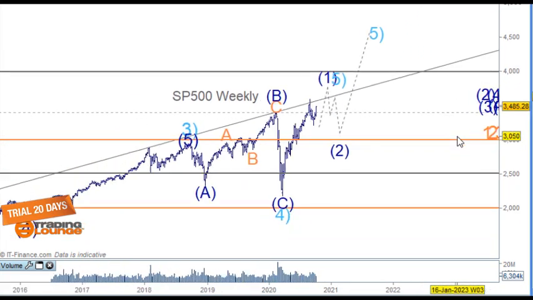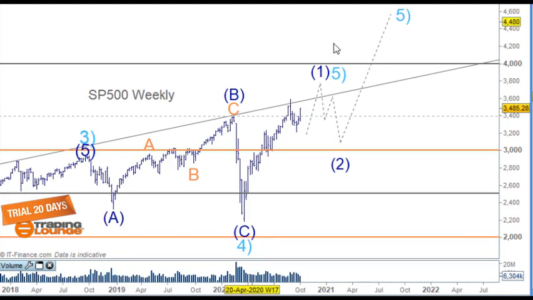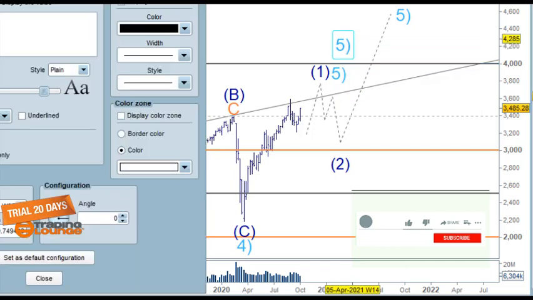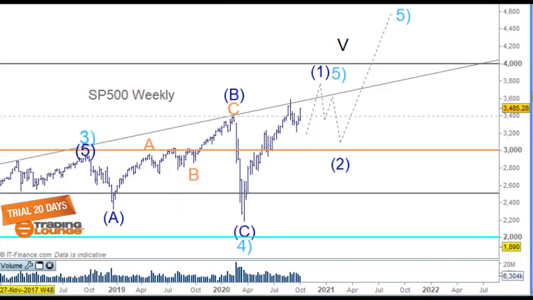And that would be the end of another cycle, an end of a much larger cycle at that particular point.